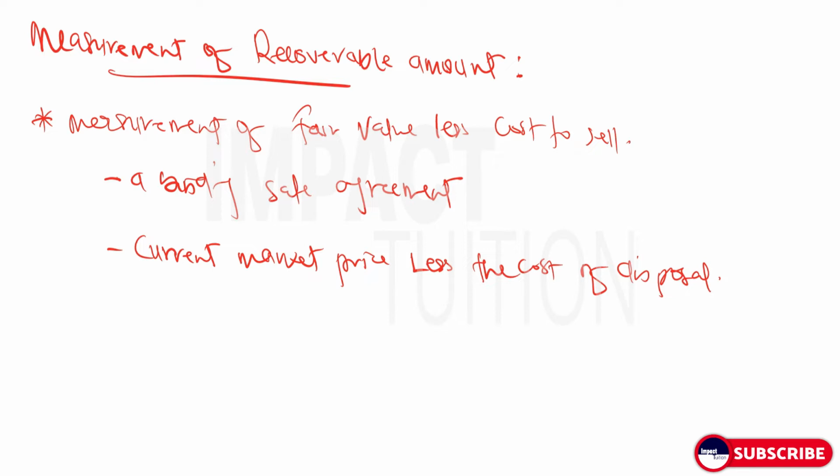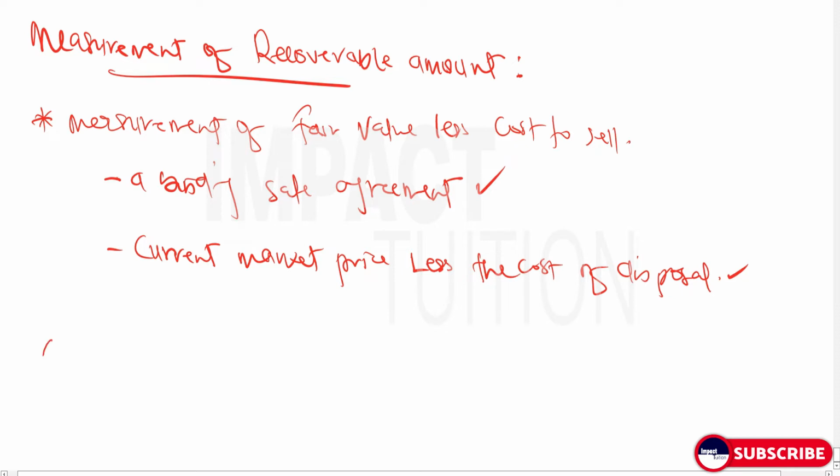So we take the current price of similar assets and then we estimate the cost of disposal, take it out, and the remainder will be our fair value less cost to sell. So we can determine the fair value less cost to sell from a binding sale agreement or from current market price less the cost of disposal.